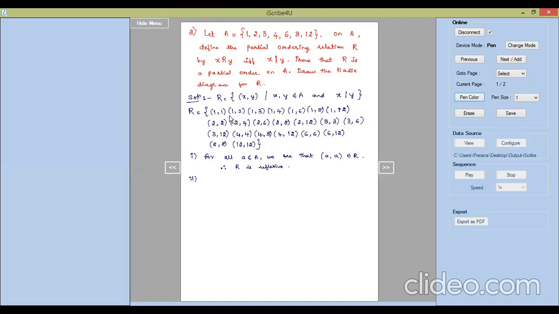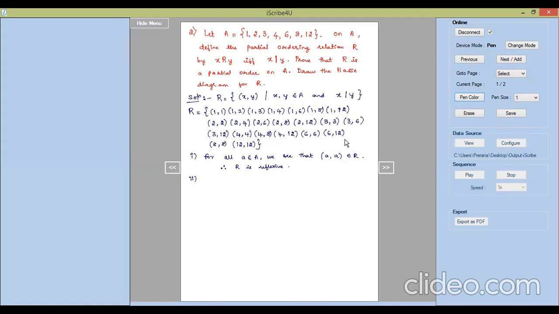The condition says that if 1, 2 belongs to R and 1 is not equal to 2, then 2, 1 should not belong to R. Yes, we observe that 2, 1 does not belong to R. Similarly, if 1, 3 belongs to R, 3, 1 should not be there in R. 1, 4 belongs to R, 4, 1 is not existing in R. So like that, we have to observe for every element a not equal to b of the relation R.